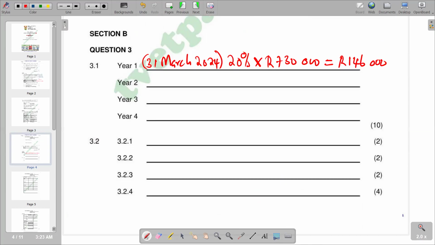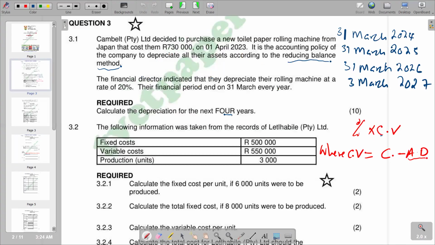Then year two is ending 31 March 2025. Again we make the calculation, still using the same rate of 20%, but now we calculate the carrying value. Remember, our formula is percentage times our carrying value.